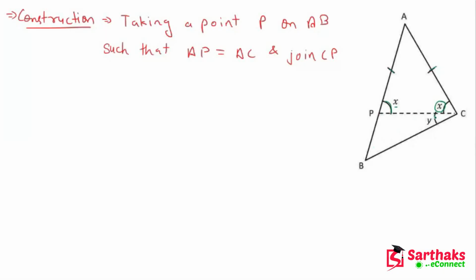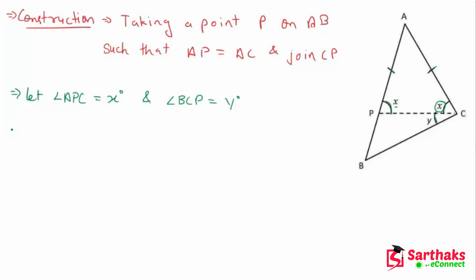Now we are assuming this angle BCP is y. So let angle APC be x degree and angle BCP be y degree. My dear friends, I hope you get this point.